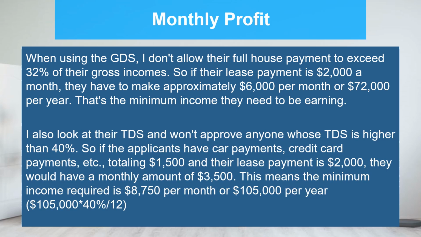So if their car payments, credit card payments, and other payments total $1,500, and their lease payment is $2,000, that would make their monthly payment $3,500, which means they will require a minimum income of $8,750 per month or $105,000 per year, because $3,500 divided by 40% is $8,750 per month. So you want to make sure that the TDS does not exceed 40%.